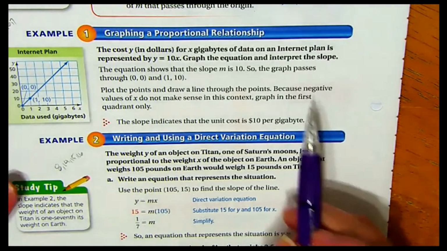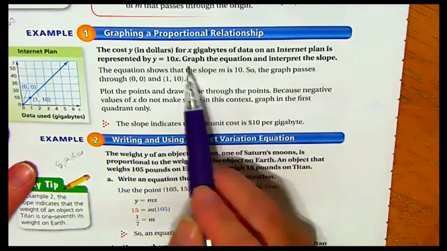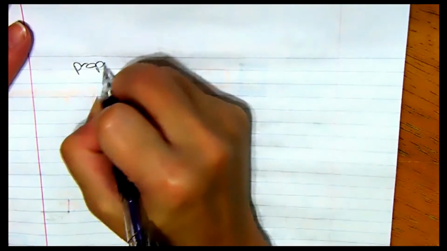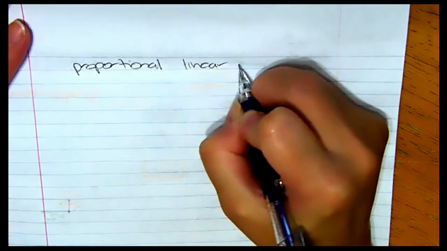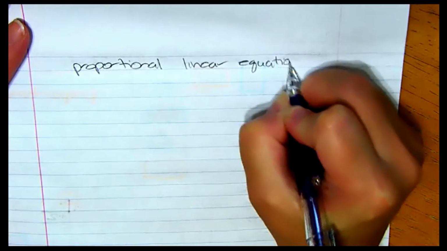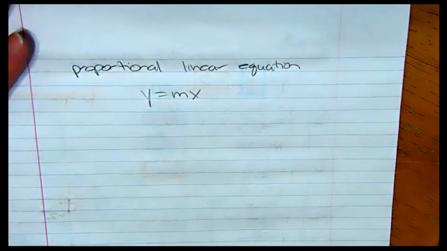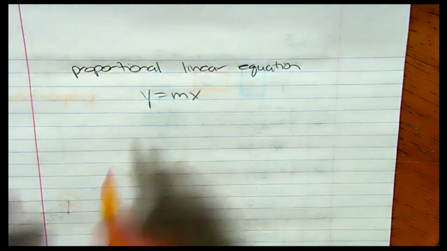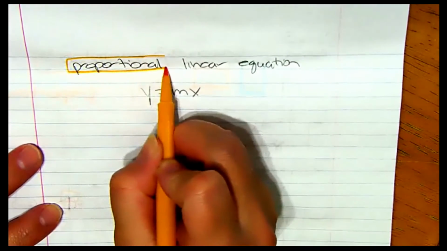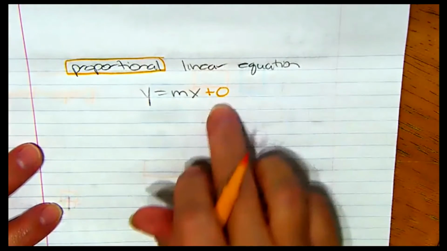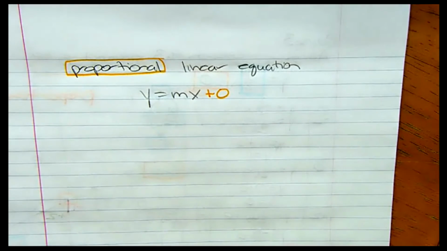Okay, I'm not exactly sure what interpret the slope means, but I do know how to graph the equation. So let's do that. We know a proportional linear equation is y equals mx. And if it's proportional, the plus 0 is invisible.